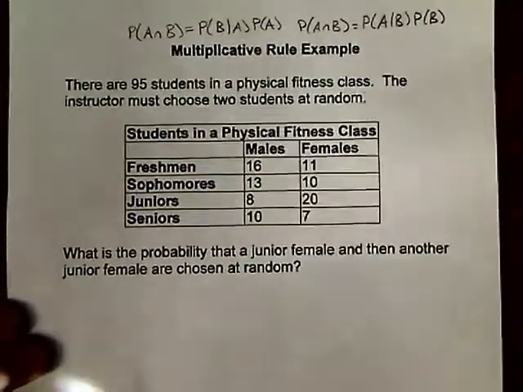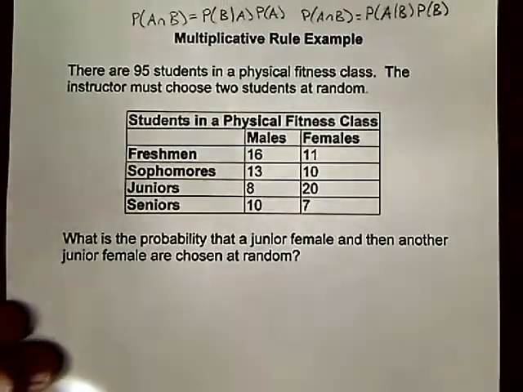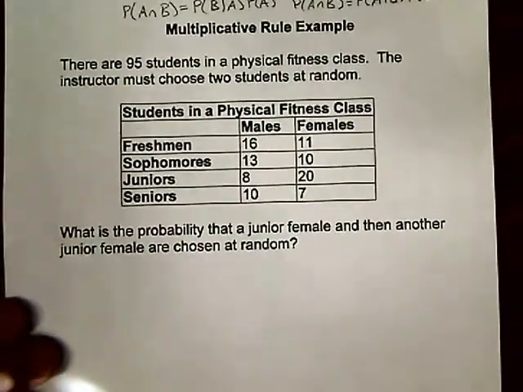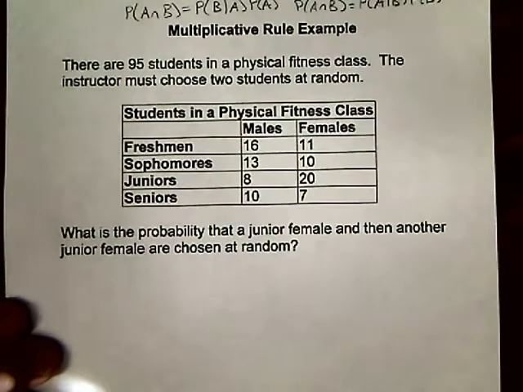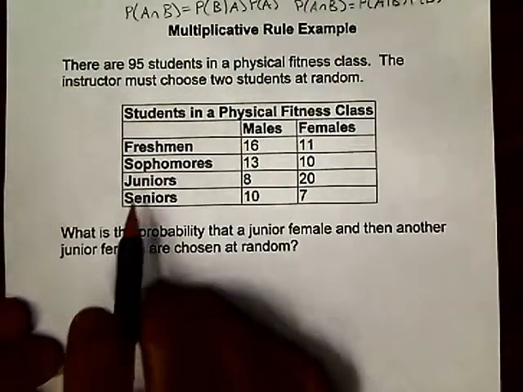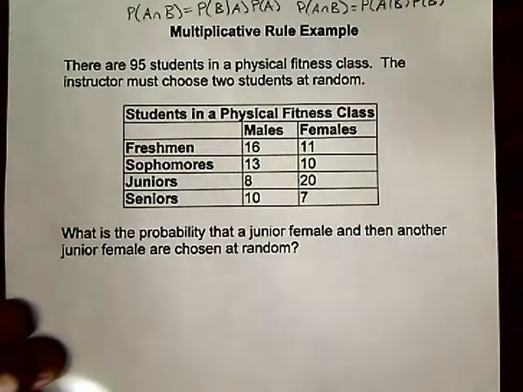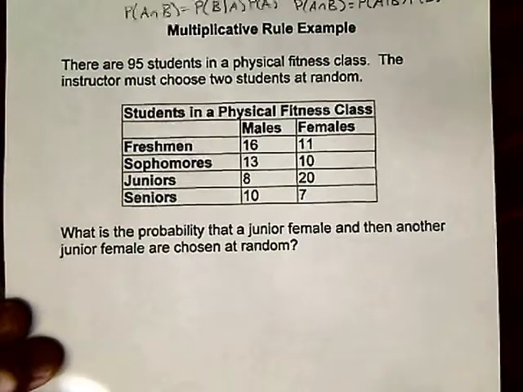But in this example here, I've got a physical fitness class. There's 95 students in it. And this table has helped me partition the class in terms of males and females, as well as the class of the student, if they're a freshman, sophomore, junior, or senior.